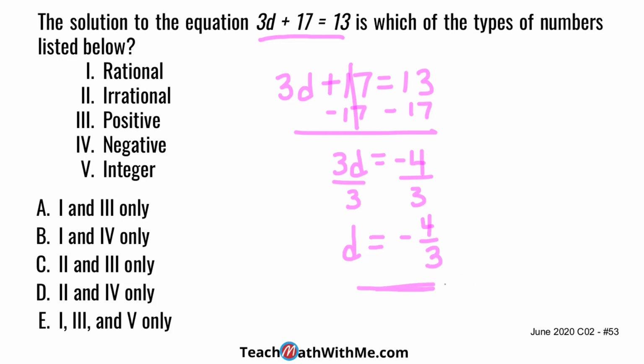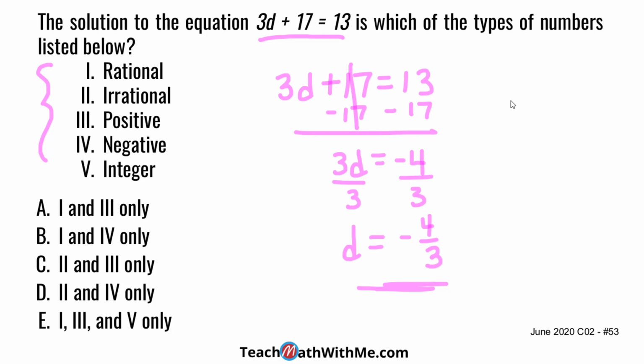Now here's our solution, and what we've got to do is look at these different types of numbers and see which one negative 4/3 falls into. So first, rational, and we can also look at irrational. What does each of these mean? A rational number by definition can be expressed as a fraction.